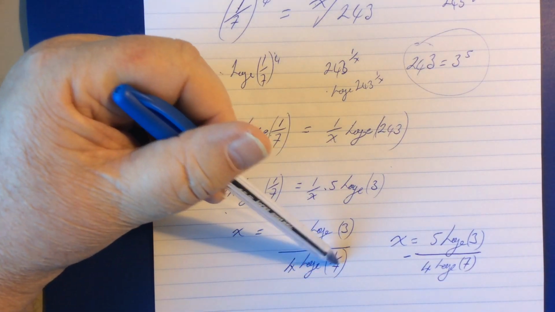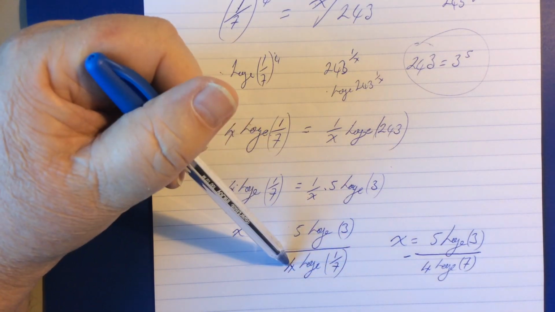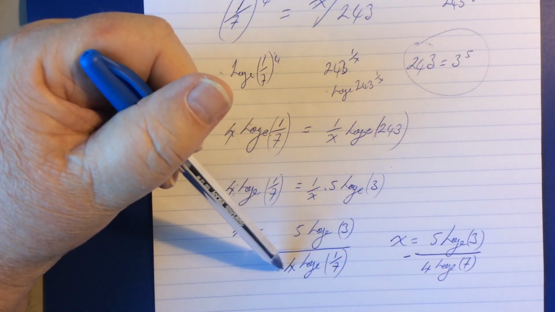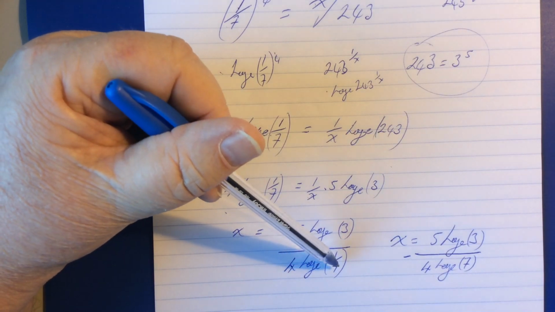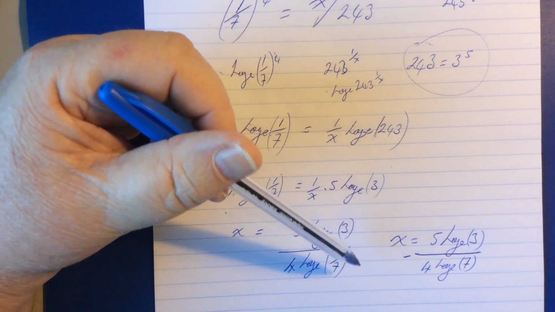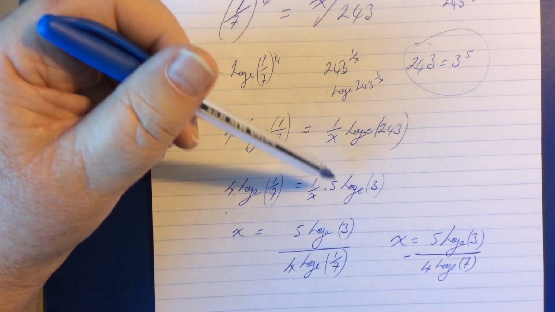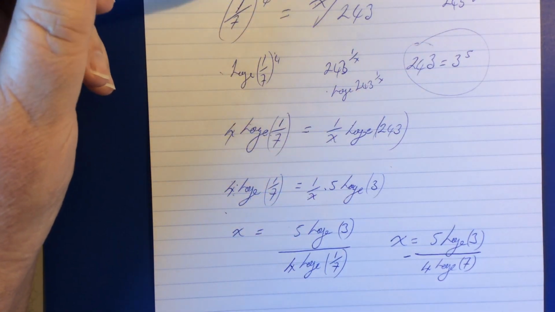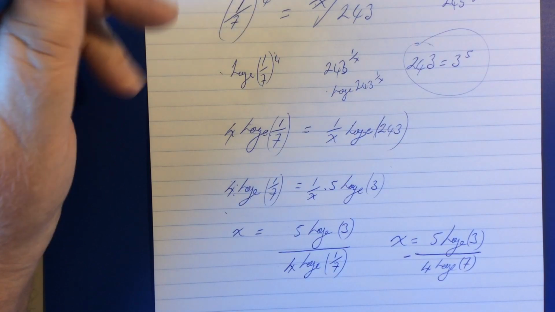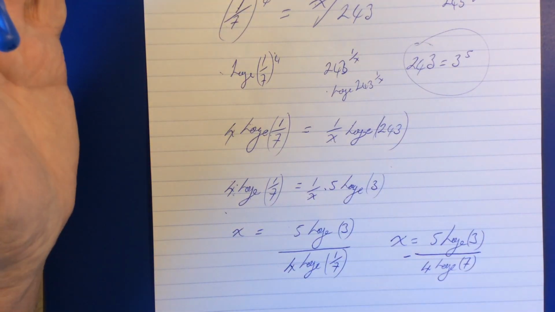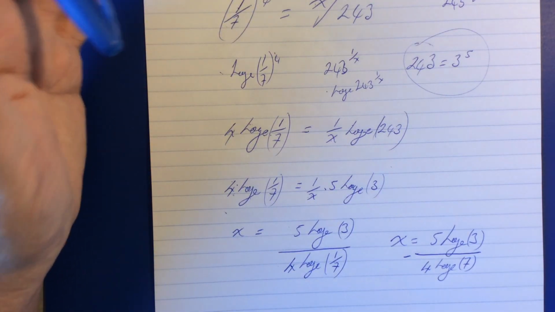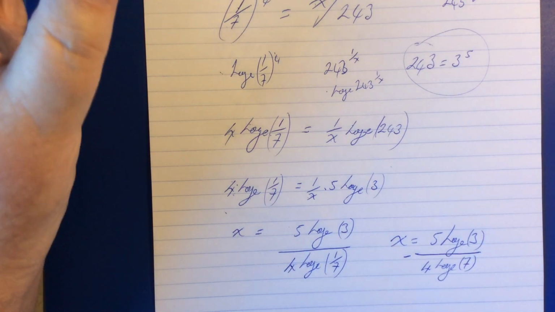You can rewrite this bottom part of the equation as negative 4 log 7. Think back to your index rules. If you want to make, say, the number 5, 1 over 5, it becomes 5 to the power of negative 1.